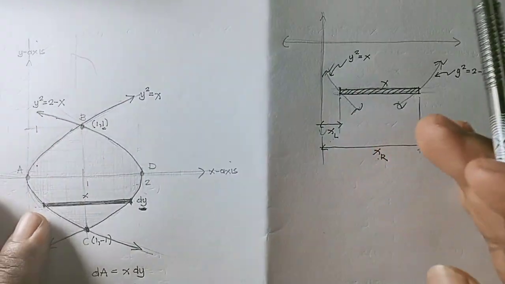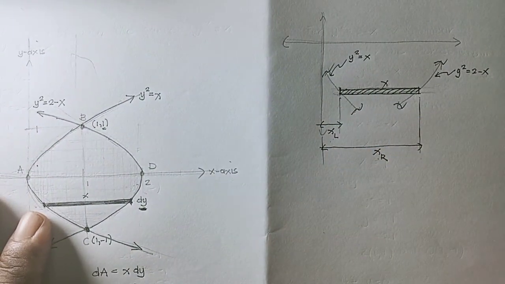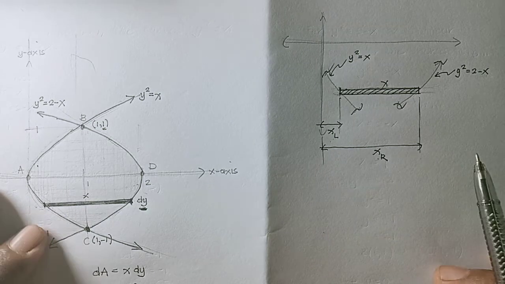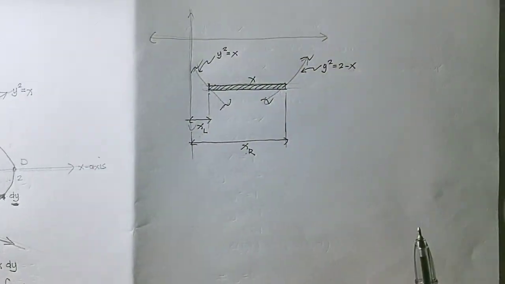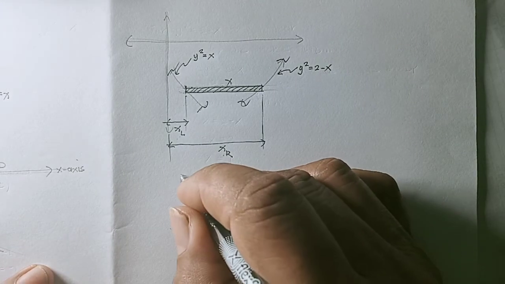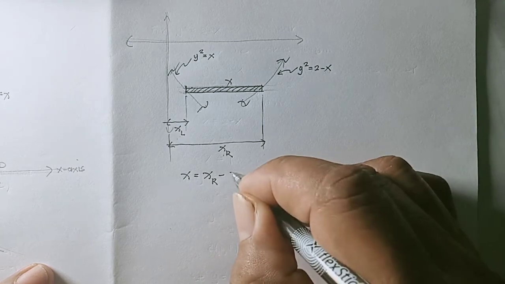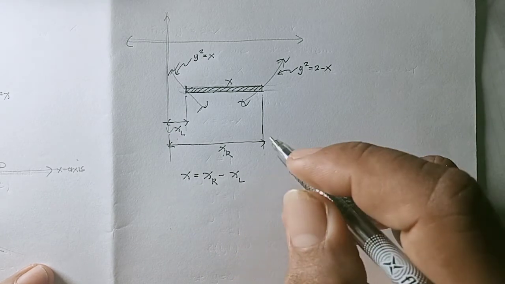Kaliwa, kanan. Okay? So, subtract lang po natin yung x sub l from x sub r, and that's gonna be our value of x. So, x is equal to x sub r minus x sub l.